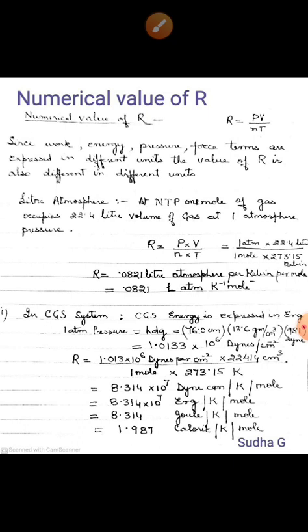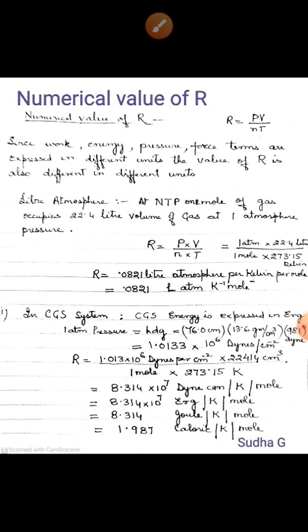Substituting this value in R, we get R is equal to 1.013 into 10 raised to the power of 6 into 22,414, converting liter into cubic centimeters, upon 1 mole into 273 Kelvin. Solving this, we get 8.314 into 10 raised to the power of 7 dyne centimeter per Kelvin per mole. Now we know that dyne centimeter is equal to erg.